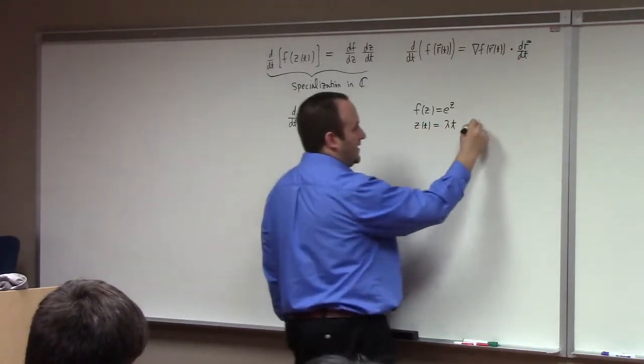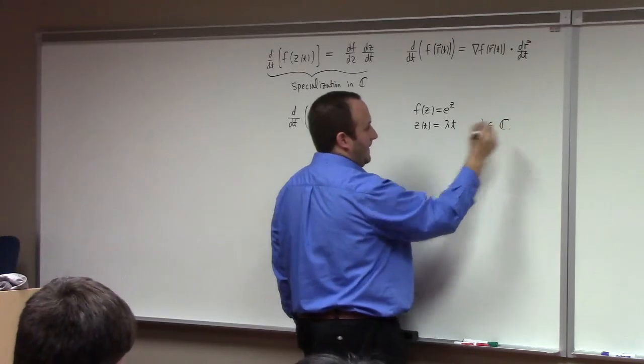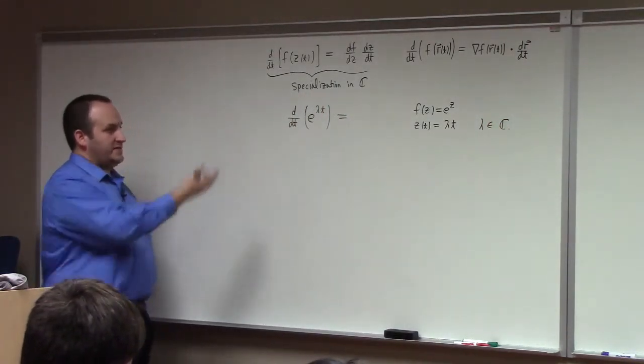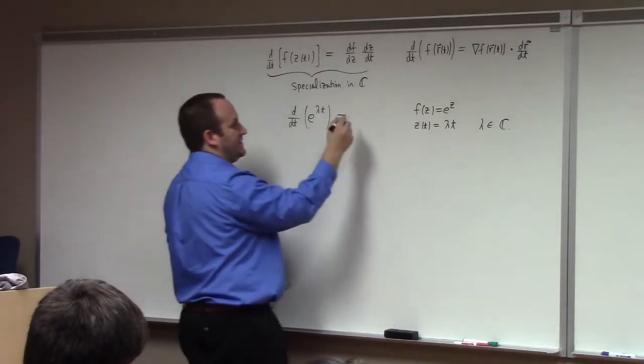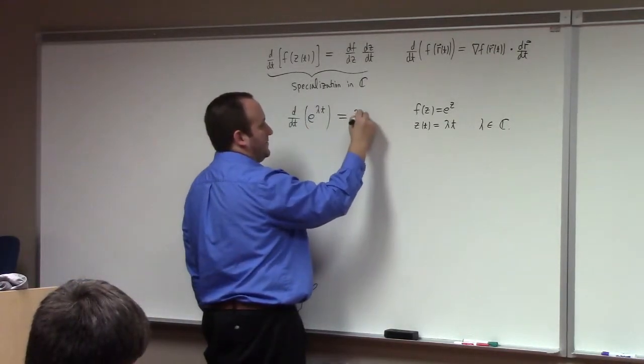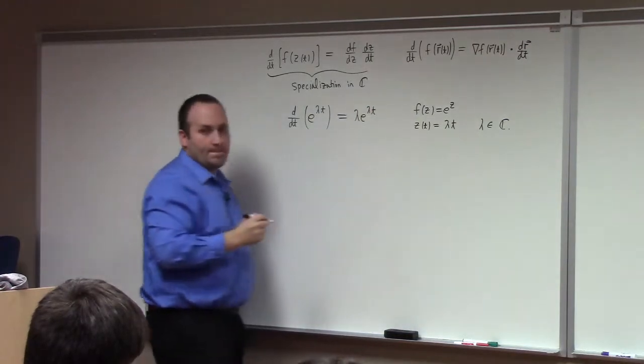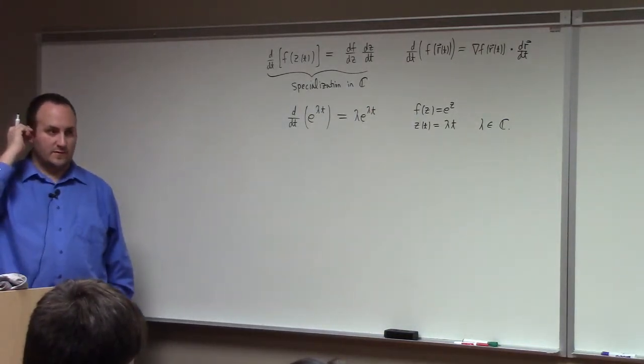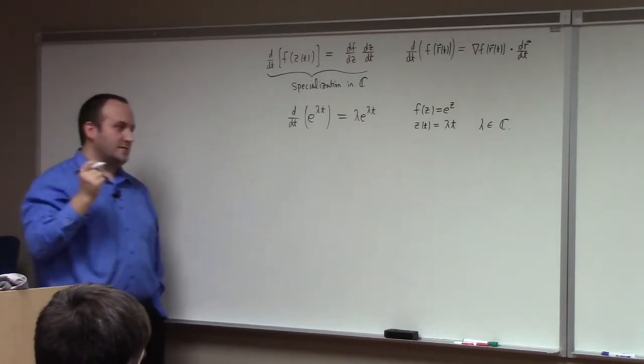Here lambda could be a complex number. So this chain rule immediately tells me that this is lambda e to the lambda t, for complex lambda, which is pretty cool, right?